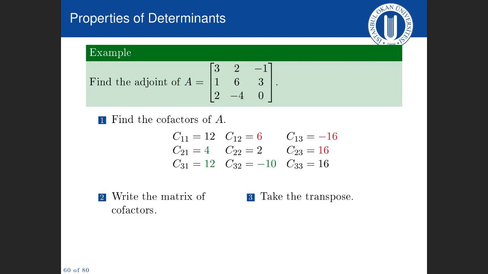So first, the cofactors. Let's talk about some of these. The cofactor of the first one, cross out row 1, cross out column 1. The determinant of the matrix 6, 3, minus 4, 0 is plus 12. And because we have a plus in our checkerboard, it's going to be plus 12.